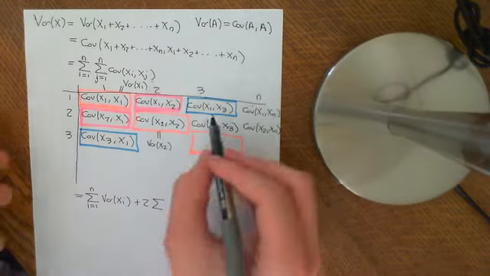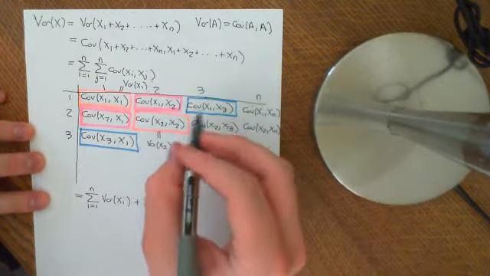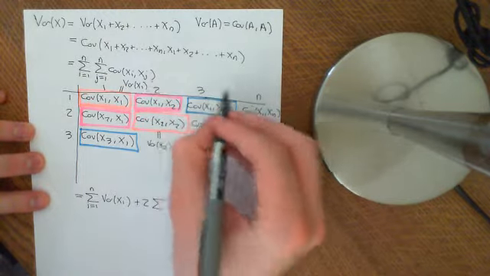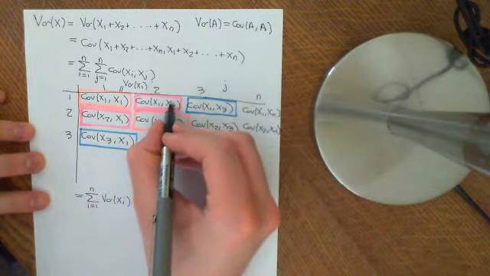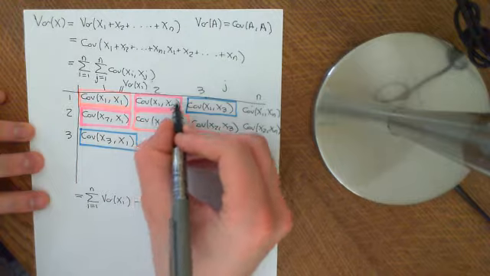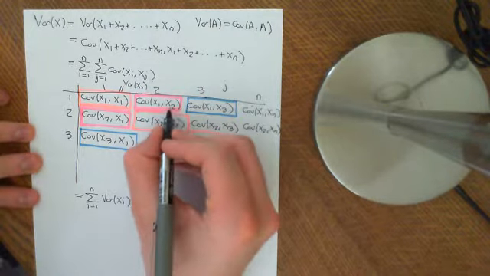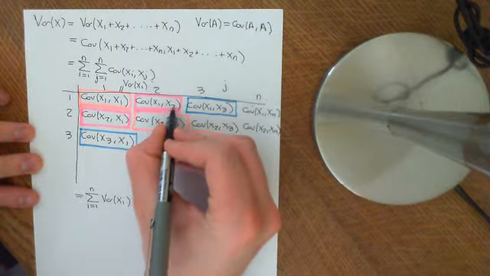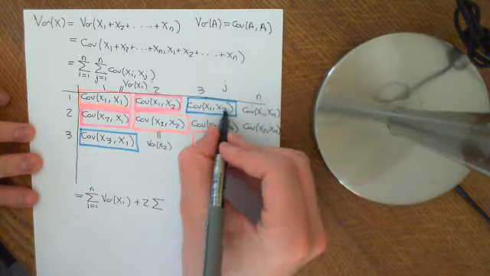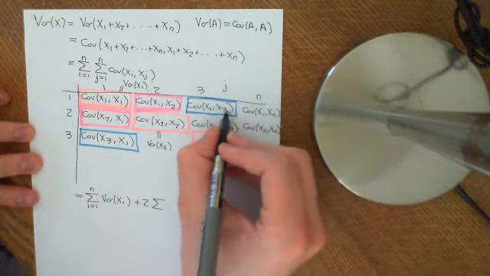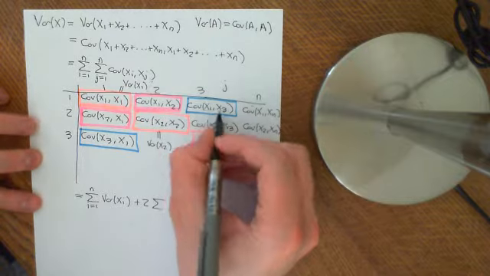So, if we want to sum over all of these terms up here, the way we do it is we note that the horizontal component, this j component, the second component here, is always greater than the vertical component. This 2 is always greater than the 1. If we look here, we've got 3, which is greater than 1. So the component in the second position is always greater than the component in the first position.